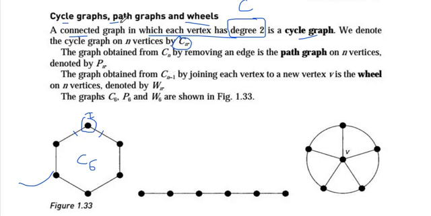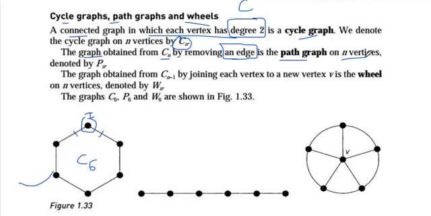Now a path graph means the graph obtained from the cycle graph Cn by removing an edge. You have to remove one edge, and that gives the path graph on n vertices.